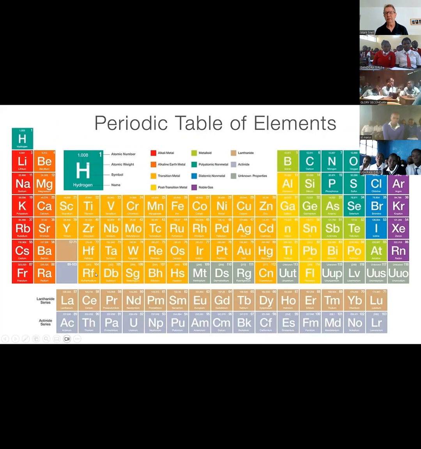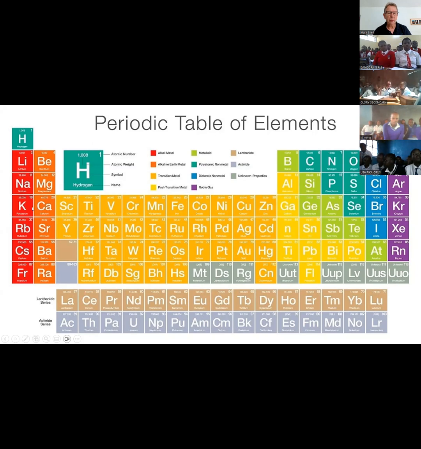But back to the periodic table. So here is the periodic table. Just look at it for a moment. Just remind yourself. In this one, they have a code which shows the alkali metals, group 1, are here. Notice that they show hydrogen a different color from the rest of group 1.